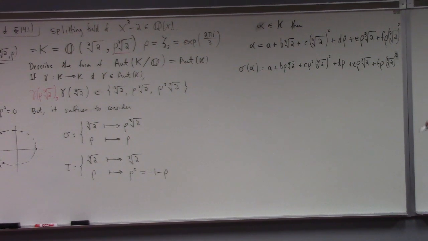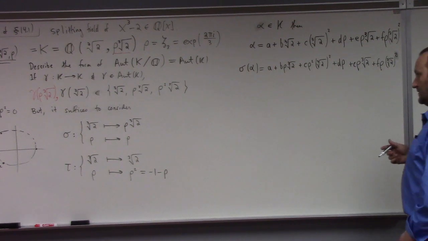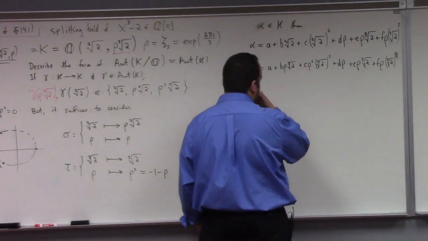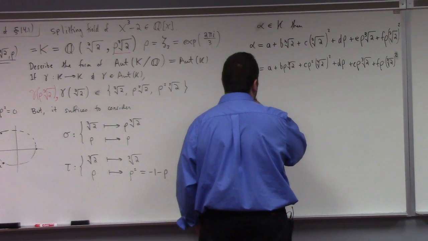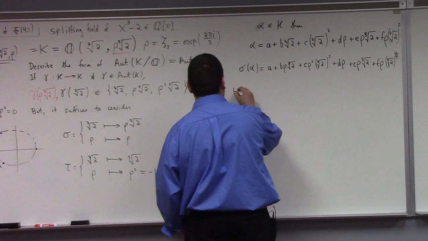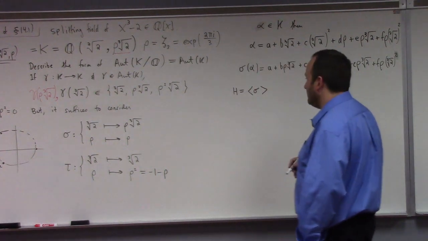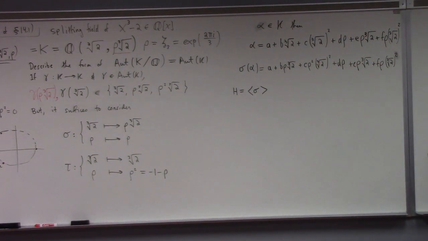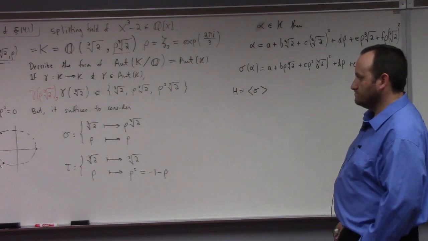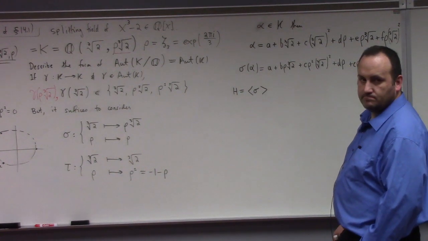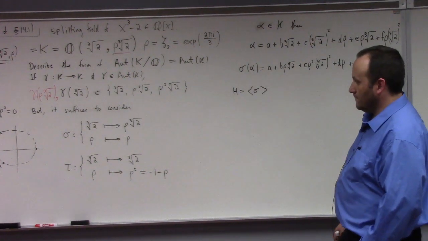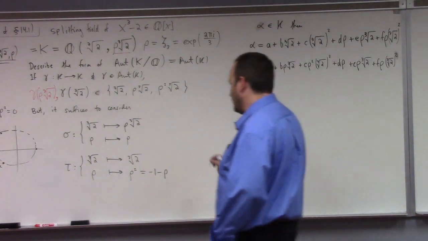So what I'm trying to think about right now, foolishly, is, if we ask the question, think about H equal to the subgroup generated by sigma, right? So what happens when we square sigma? What's sigma squared look like?